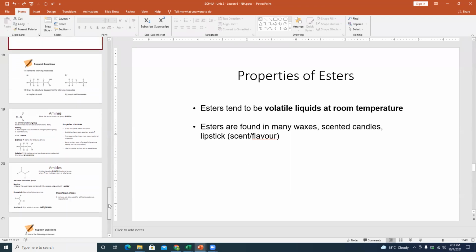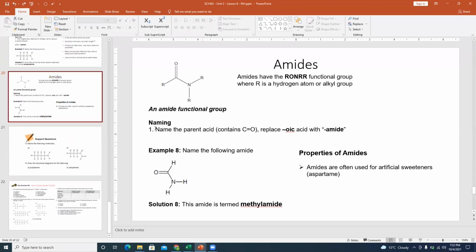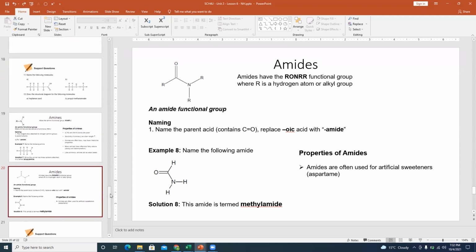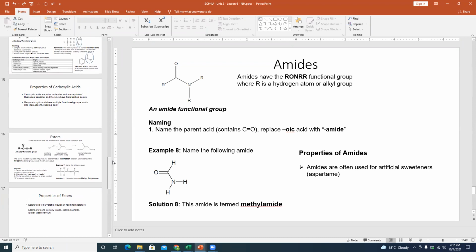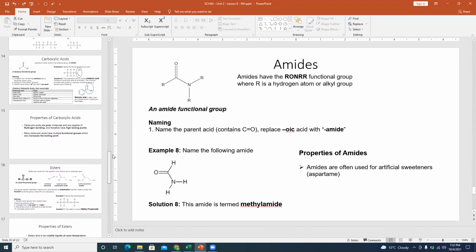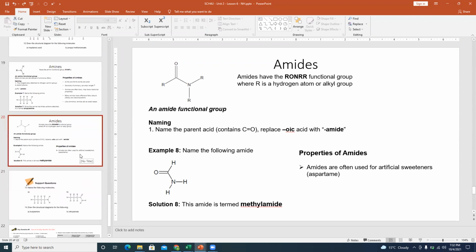And finally, we're going to touch quickly on amides. Again, we're building on these. So amides are very similar to the previous molecule, carboxylic acids, that we discussed earlier, except that we now have something in between a carbonyl group and the amino group that we had in amines.